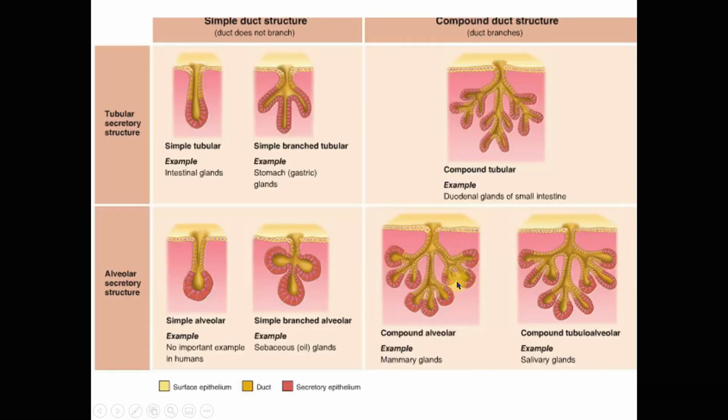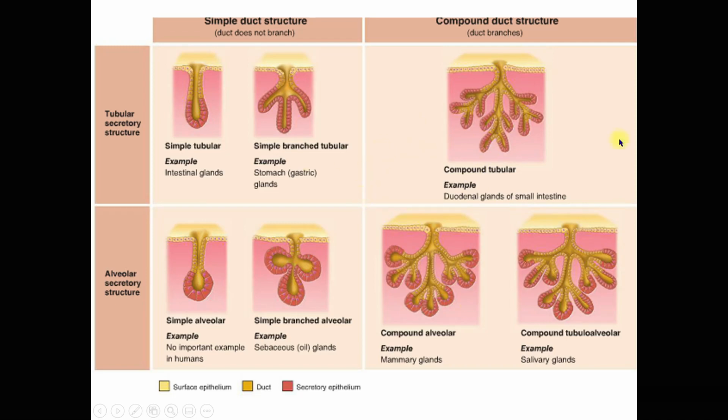Now when it comes to exocrine glands, some have a simple duct structure like this, very simple. Some have a compound duct structure like this. Compound, to make things simple, means highly branched. Nampak kan?